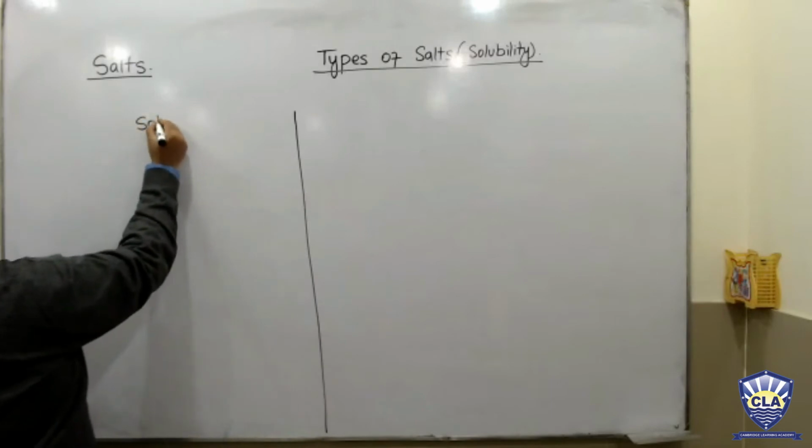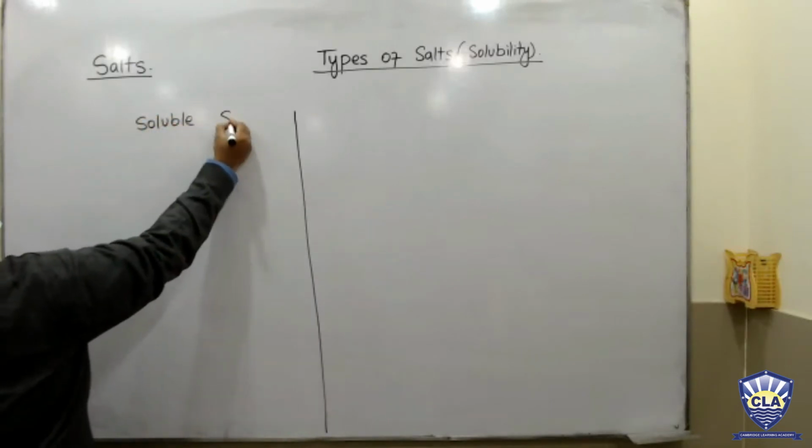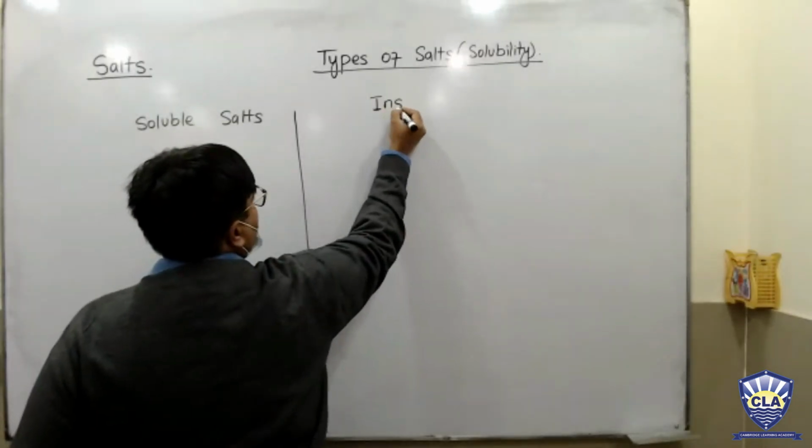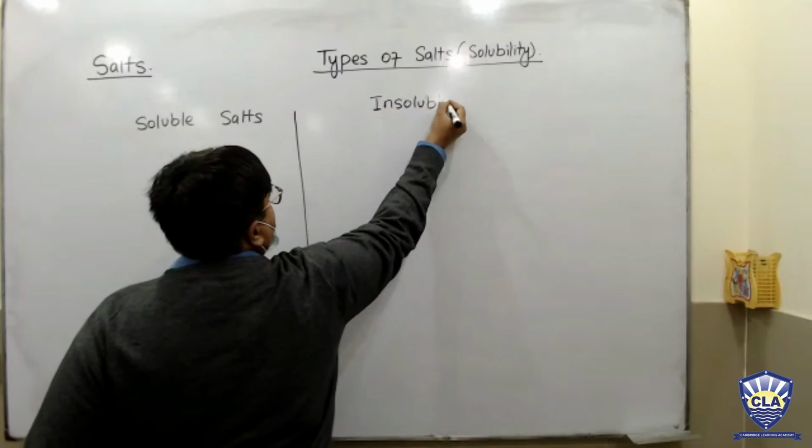So there are two types of salt. The first one is called the soluble salts, and the second one is called the insoluble salts.